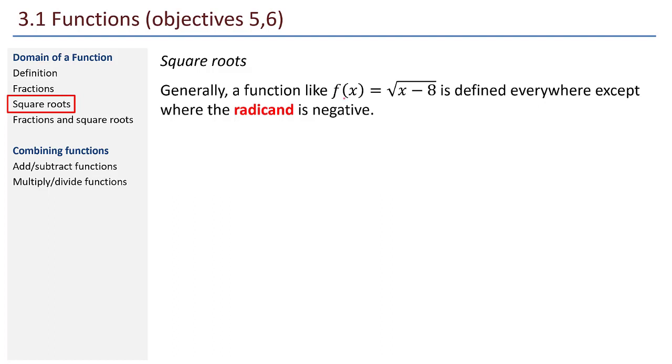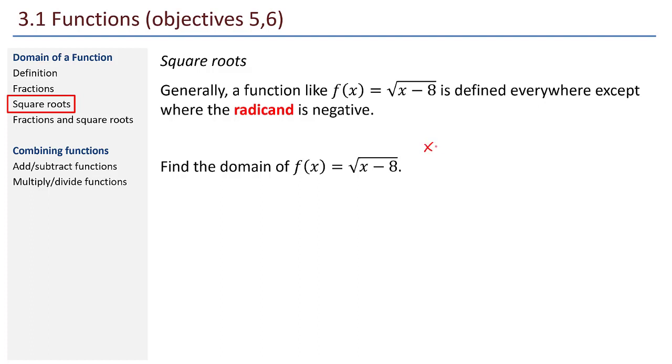Generally, a function like f of x equals the square root of x minus 8 is defined everywhere except where the radicand is negative, and the radicand is that stuff under the square root sign. So, in this particular problem, let's say that f of x equals the square root of x minus 8. What is the domain?